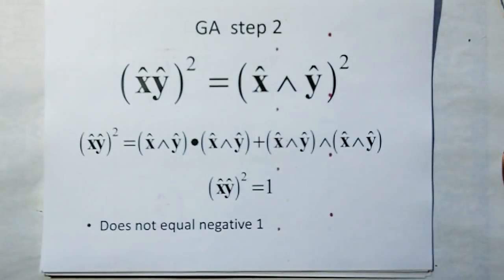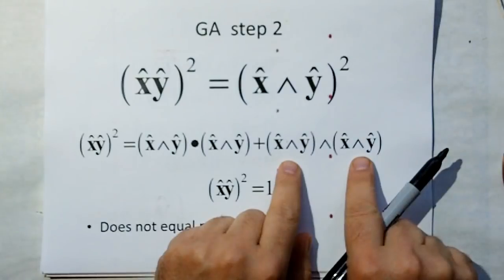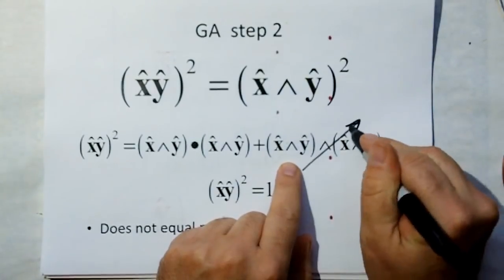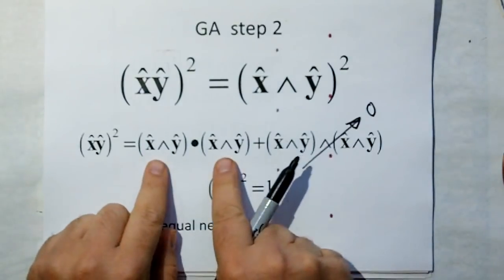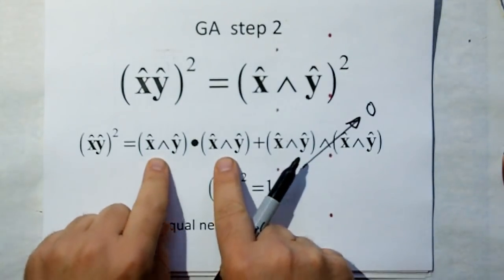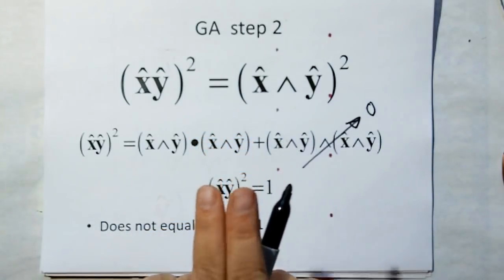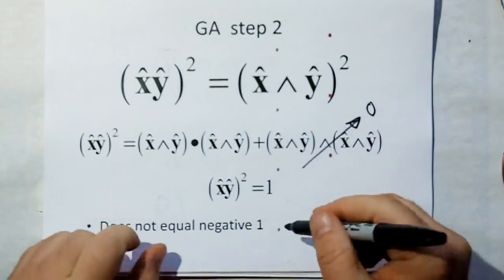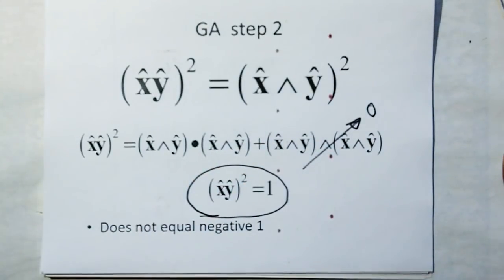So what did we say before? We said that the exterior product of two like constructs has got to be 0. So this is 0. And over here, the dot product of two like constructs is a positive value equal to the magnitude squared. But because all the magnitudes are 1, the answer comes out to just +1. It does not equal -1.